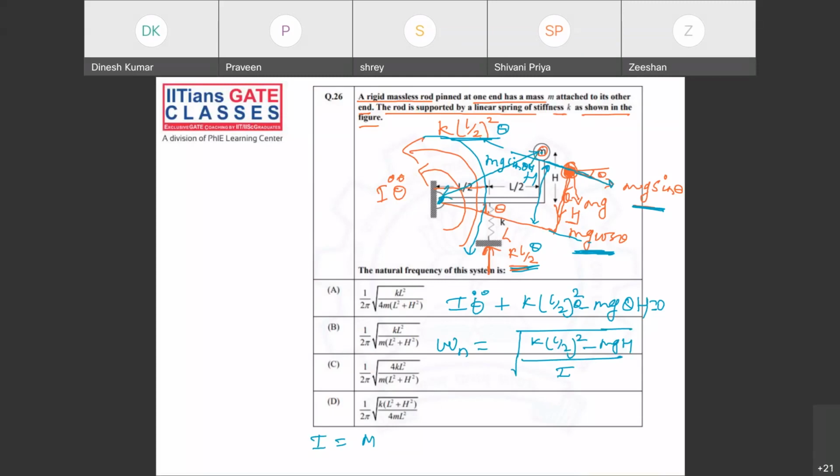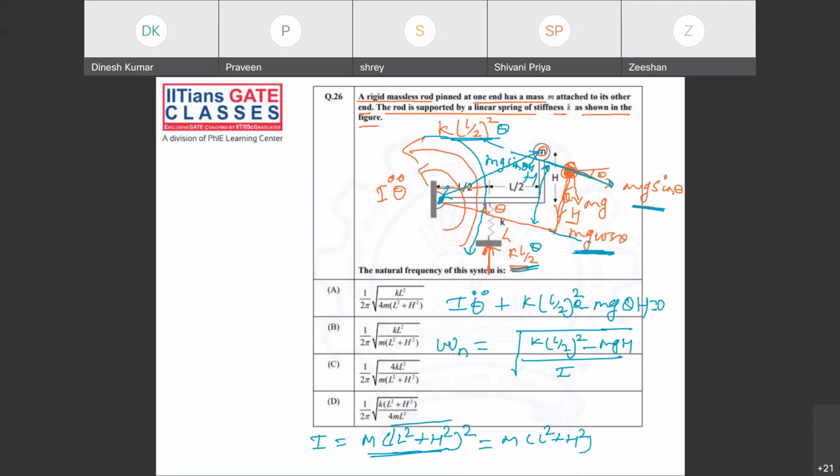It is m, L square plus h square, because this distance is under root of L square plus h square, whole square. So you can say inertia is M into L square plus h square.